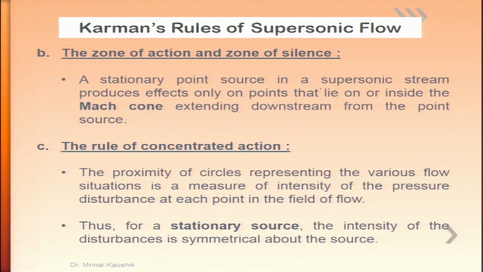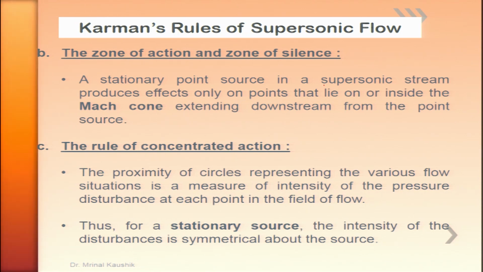As I just said, the zone of action is the information zone where the happenings in the flow field are known, whereas outside the Mach cone information is not passed.